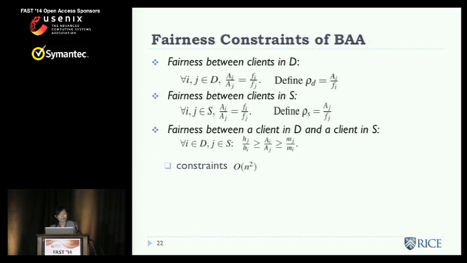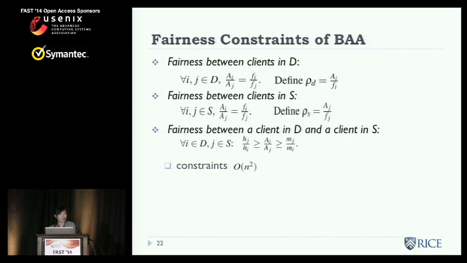Now we will introduce how the fairness requirements are translated into concrete fairness constraints. We use two variables, ρD and ρS, to simplify the constraints. ρD and ρS are amplification factors to fair shares.